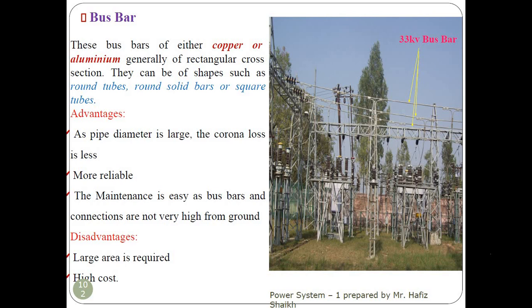Secondly, it is more reliable. The maintenance is easy as bus bars and connections are not very high from the ground. Disadvantage is large area is required and high cost. Obviously the cost is more, but reliability is also more, and it is easy to connect.